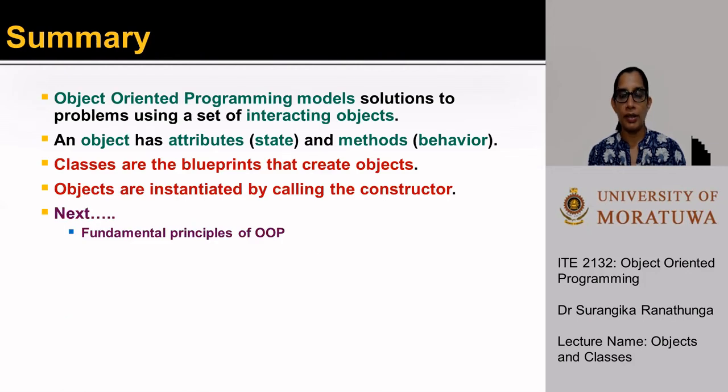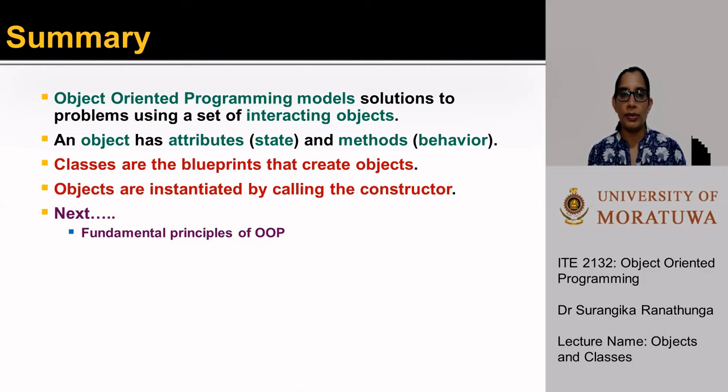So in summary, today we looked at the basics of object-oriented programming principles, and we identified that in this paradigm, solutions to problems are given in the context of a set of interacting objects. These objects have attributes and methods.